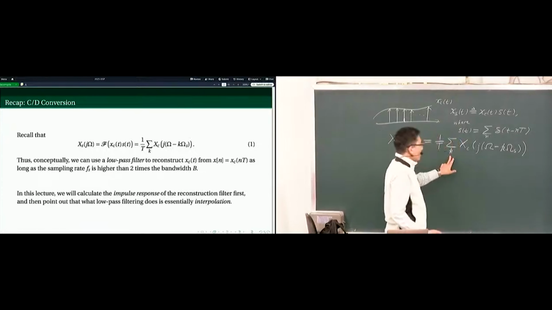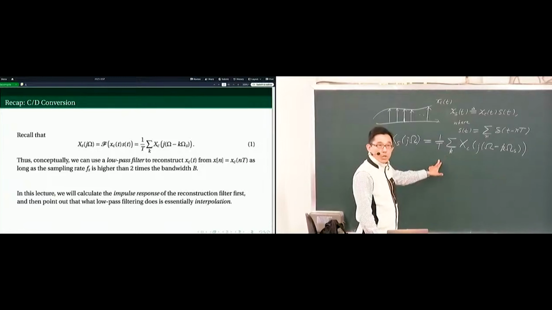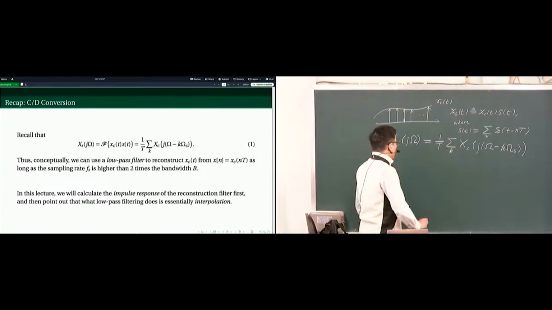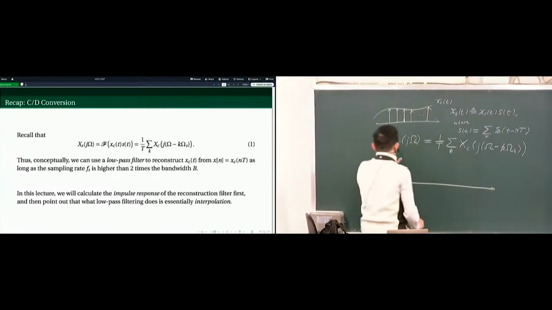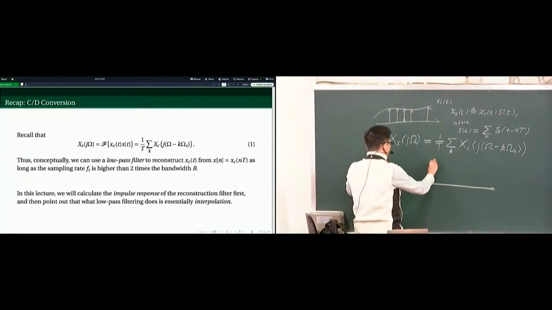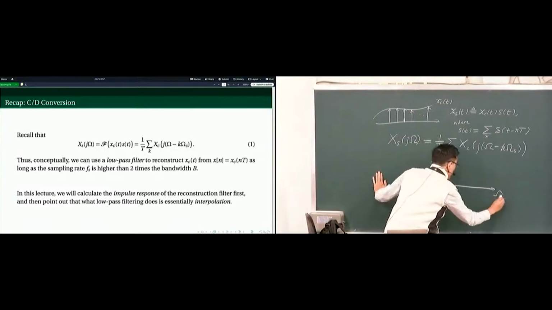So that's what it looks like in an equation. But last time we also made a sketch, a drawing, of what's happening in the frequency domain.